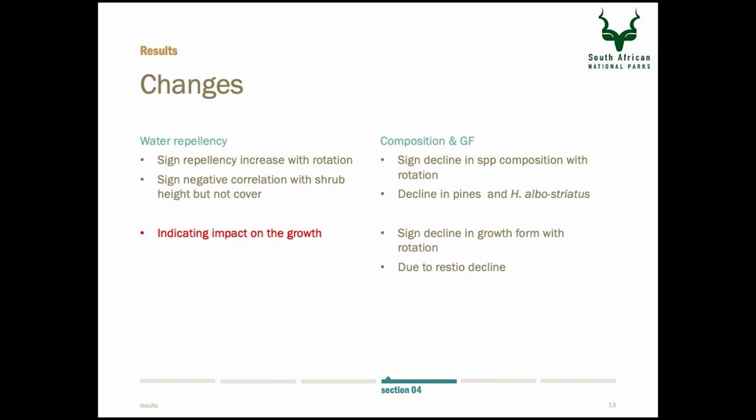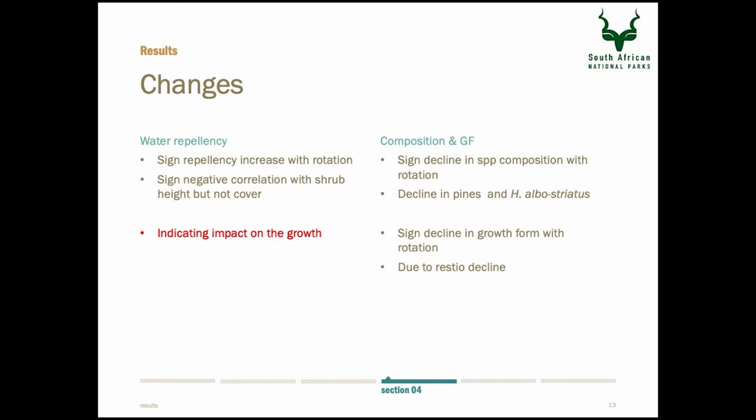Although it was correlated with a decline in shrub height, it wasn't correlated at all with cover. So it does indicate that it maybe affected the growth of the vegetation, but that impact was not enough to cause a significant impact on the vegetation.